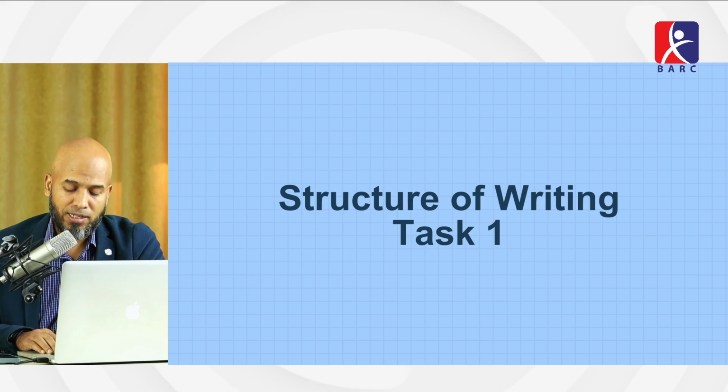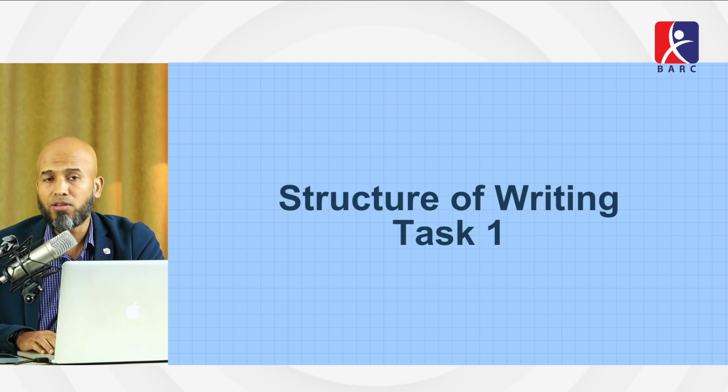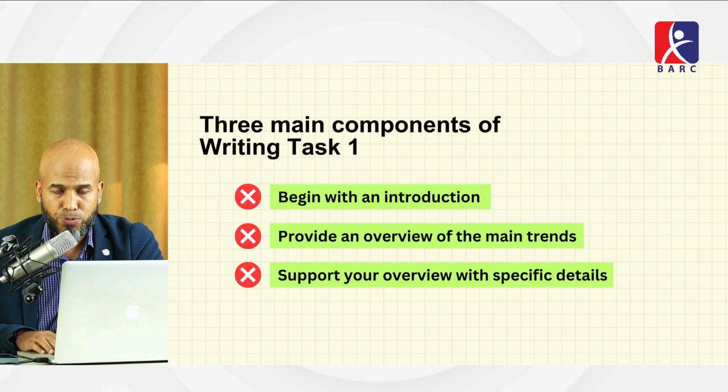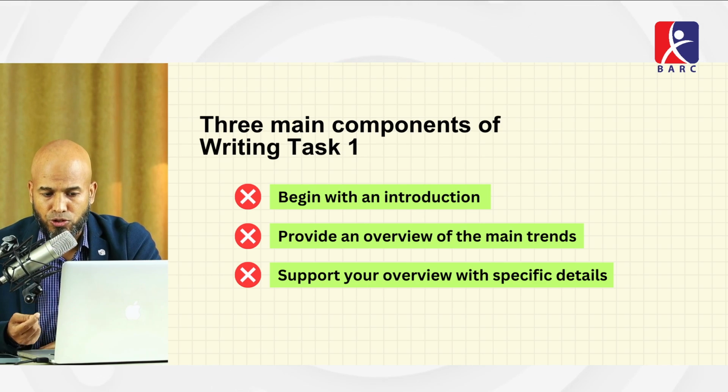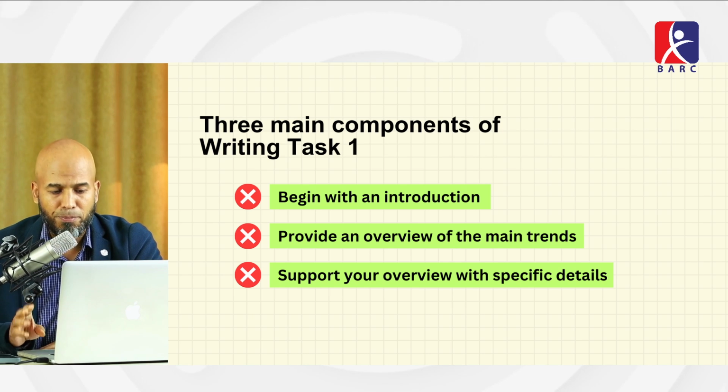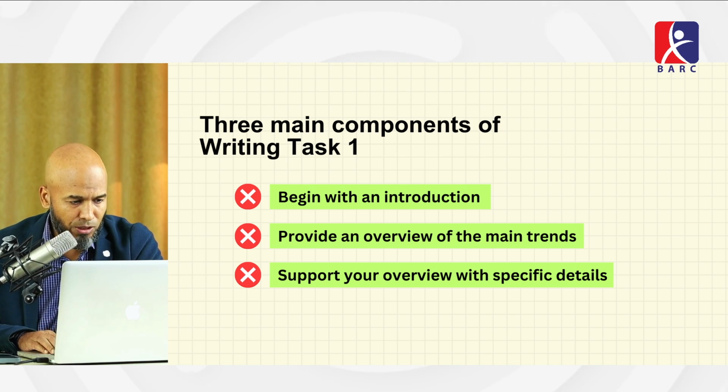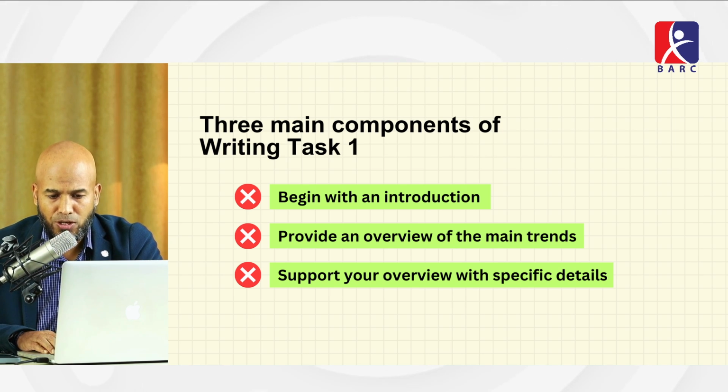So now the question is how we're going to do that. Let's learn the structure. There are 3 main components in writing task 1. Your answer should consist of 3 main components. Firstly, begin with an introduction where you paraphrase the task statement to set the context.